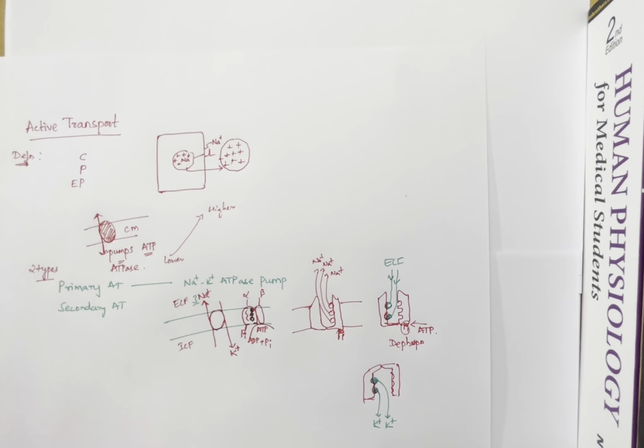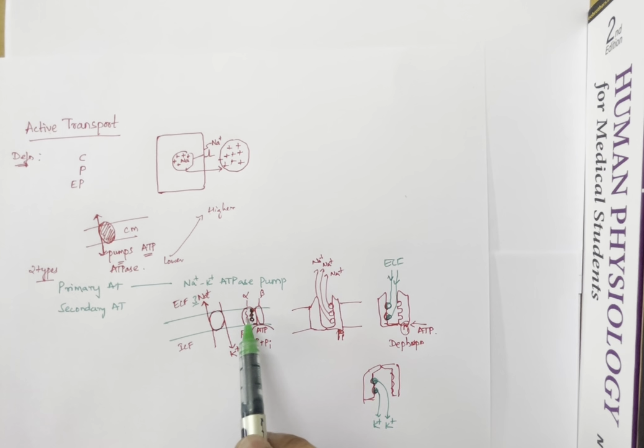So here you can understand this pump is a transmembrane protein with 2 subunits, alpha and beta subunit. Alpha subunit is having the binding sites for 3 sodium ions, binding site for 2 potassium ions, and also binding site for ATP, and ATP is broken down by ATPase enzyme activity of the alpha subunit itself.